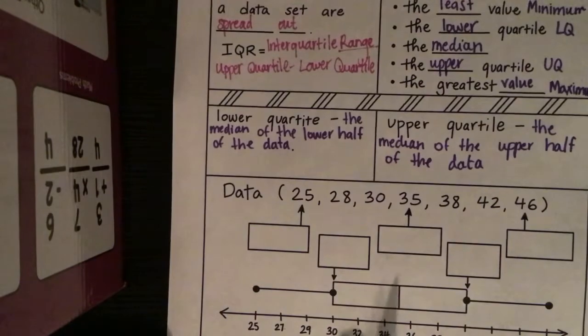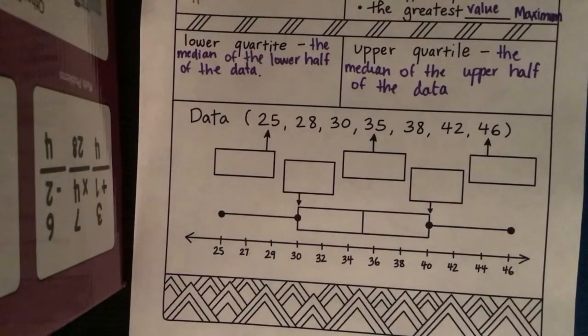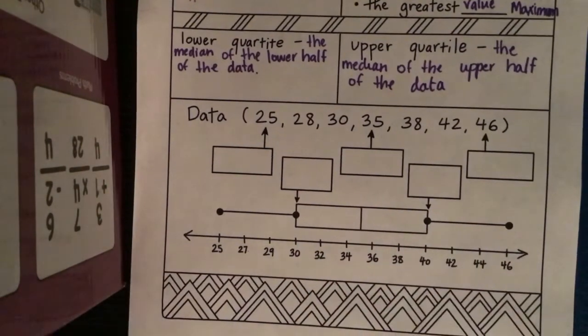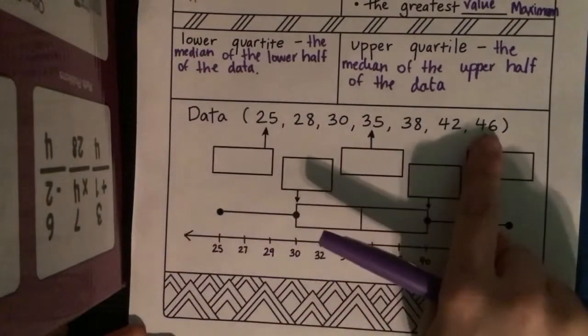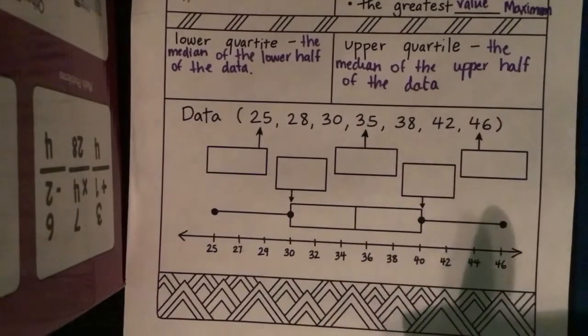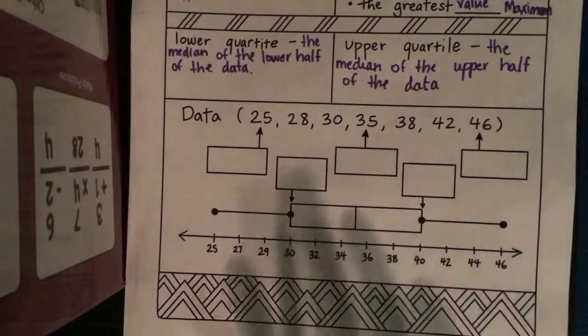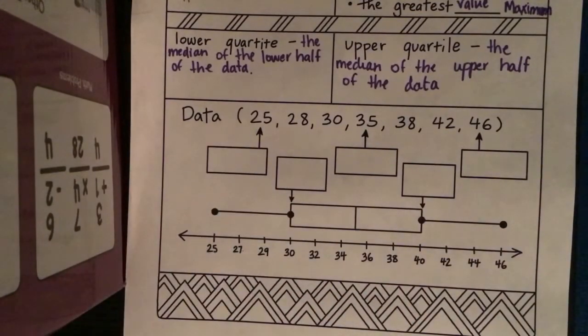Alright, so now let's look at our example. So here we have some data. We have 25, 28, 30, 35, 38, 42, and 46. So always, the first thing we need to notice is if they are in order from least to greatest. So here they already put them in order, so we don't need to worry about it now. So then the first two things you can right away take from this data is the minimum and maximum.